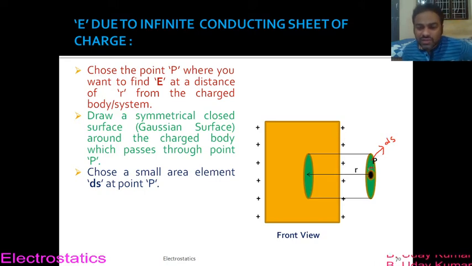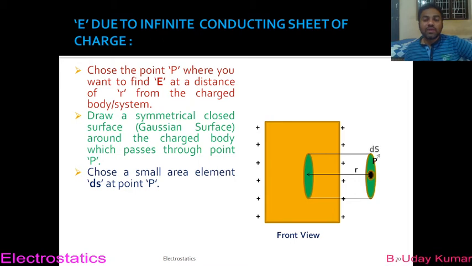You can choose a small area element ds at point P itself, or else you can assume that the entire circular surface of the cylinder has a very small area, and that you can take as ds. So this is what I have constructed. I have taken the area of this circular face of that cylinder as ds.